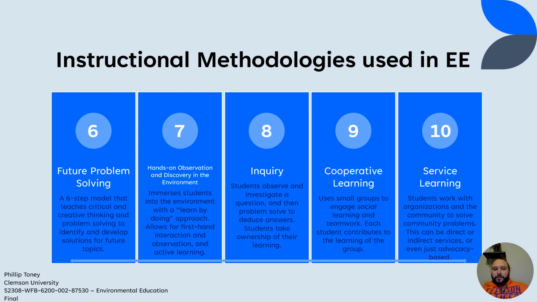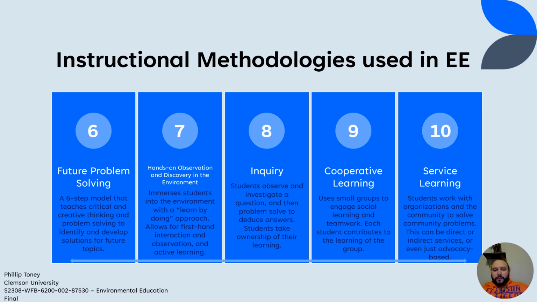This is where you can immerse students into the environment with a learn by doing approach, and they're actually getting hands-on, just as the title of that methodology shows. Inquiry, students observe and investigate a question, which is where you get the inquiry from, and then problem solve to deduce answers. They can really take ownership in this style of learning, which makes it very effective as well.